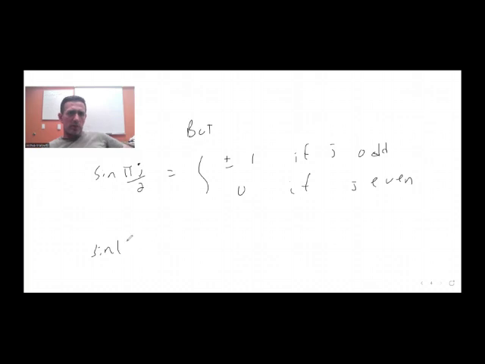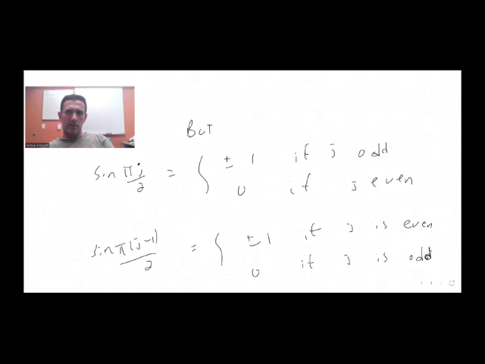And this here is going to be the opposite: plus or minus 1 if j is even, and 0 if j is odd, simply because j minus 1 is odd if j is even, and j minus 1 is even if j is odd.